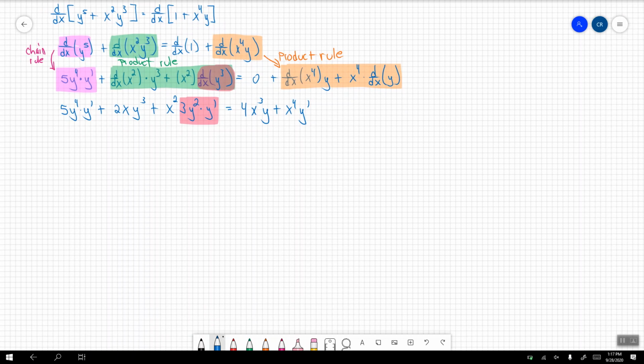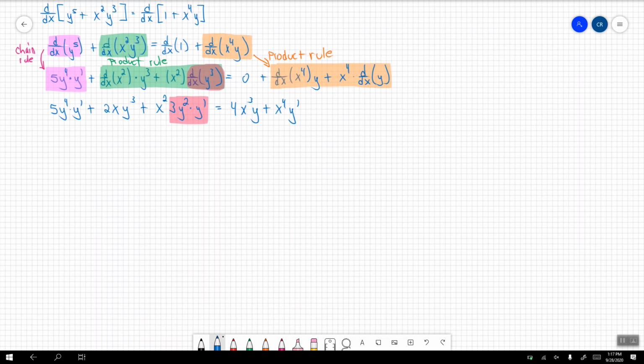Let's keep going. If I want to solve for y prime, that means I need to isolate y prime. So let's make sure we get y prime by itself. 5y to the fourth multiplied by y prime, plus, this is going to be 3x squared y squared multiplied by y prime.